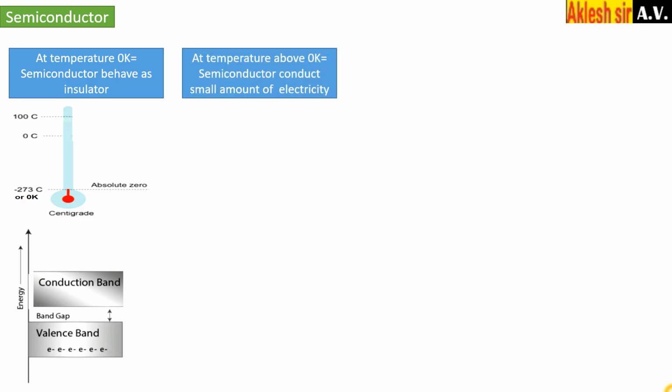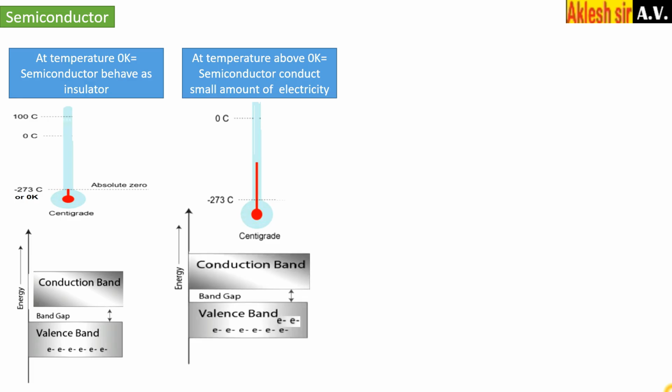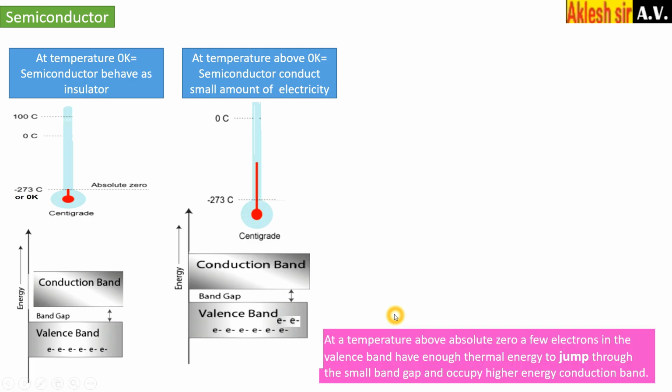Now at temperature above 0 Kelvin, the semiconductor conducts some amount of electricity, meaning it gets a certain amount of energy, and some very few electrons can move from valence band to the conduction band. So above minus 273 means you have increased the temperature slightly. Then some electrons present in the valence band will move to the conduction band because they gained a certain energy.